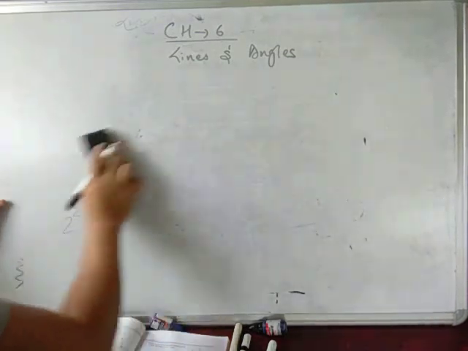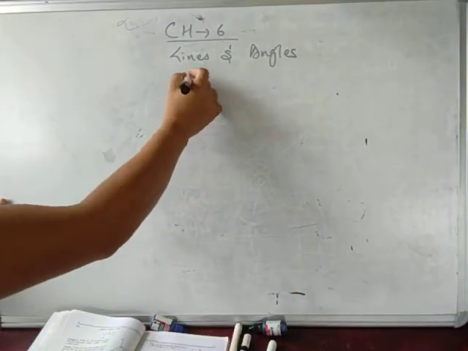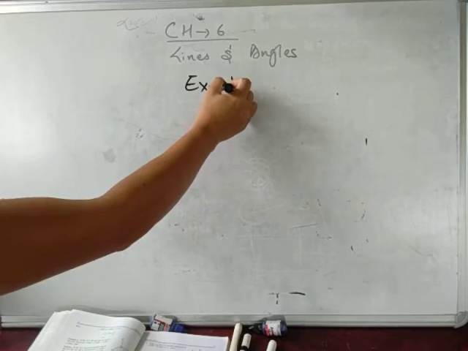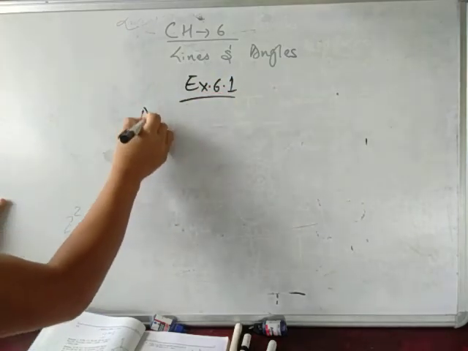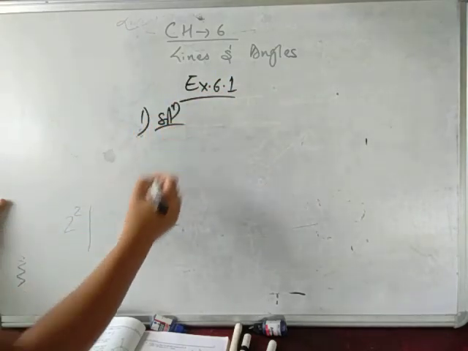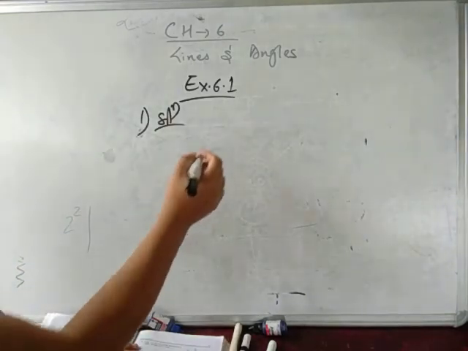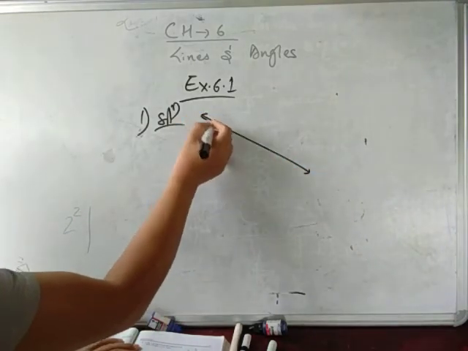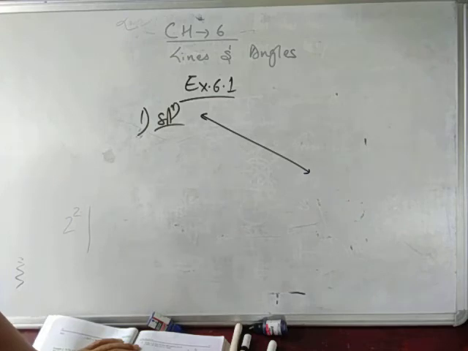So write down exercise 6.1. Question number 1, solution. So there you have a figure, isn't it? So this is your figure, right?